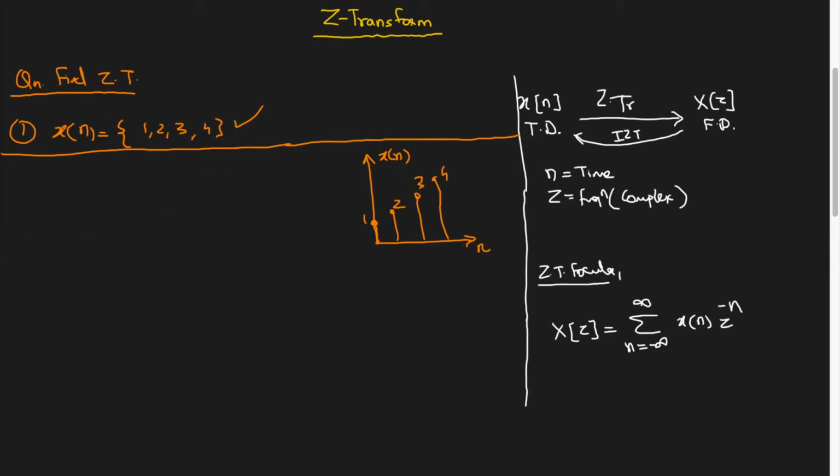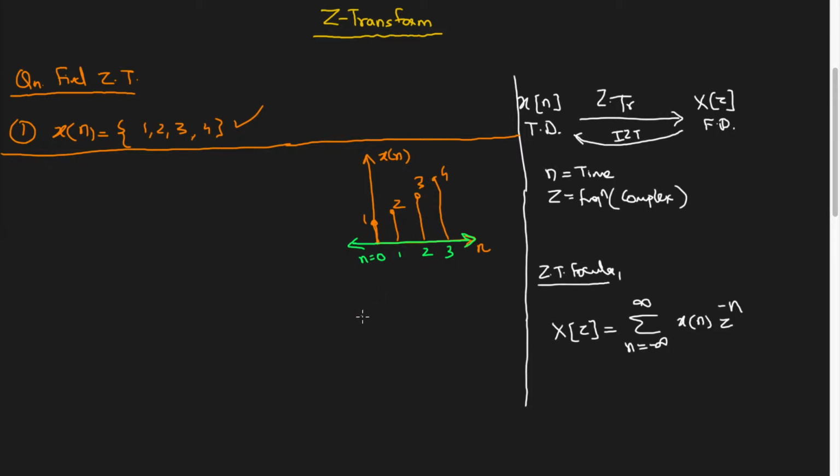I want you to just observe a few things before we proceed. The horizontal axis over here is n, right? Now in the case of our signal x of n, we clearly have n going from 0, 1, 2 and 3. These are the values of n, and the values of x of n are 1, 2, 3, 4.